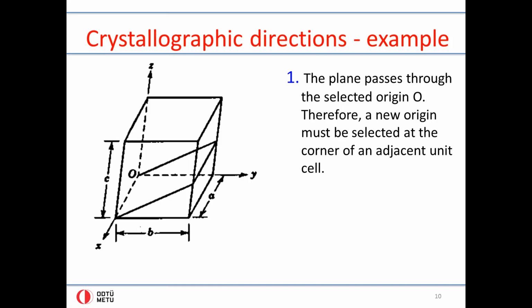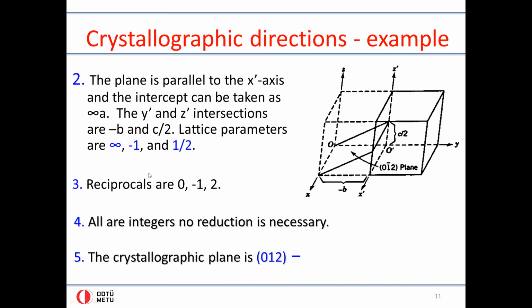We see that the plane passes through the selected origin O, so a new origin must be selected, or the plane must be translated to get rid of this problem, to satisfy rule number one. So this can be done as shown here.